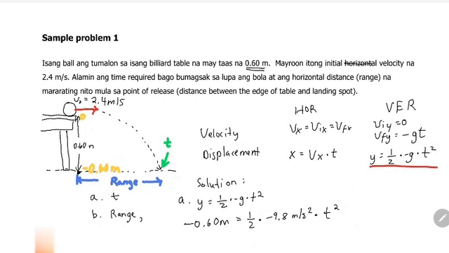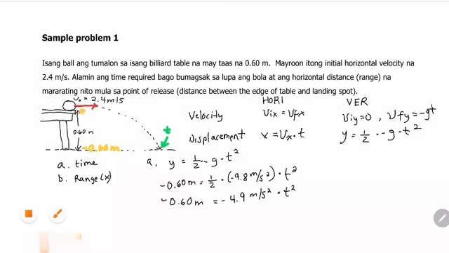Now, negative 0.60 meters equals 1/2 times negative 9.8, that's negative 4.9 meter per second squared times time squared. Okay, going back. So we have negative 0.6 meters equals negative 4.9 meter per second squared times the time squared.